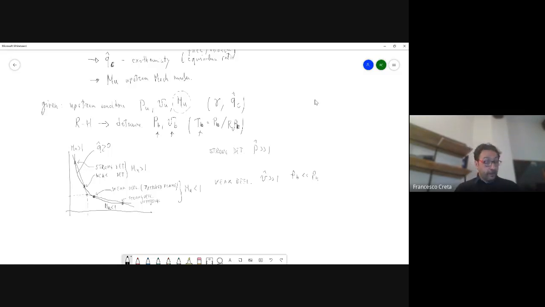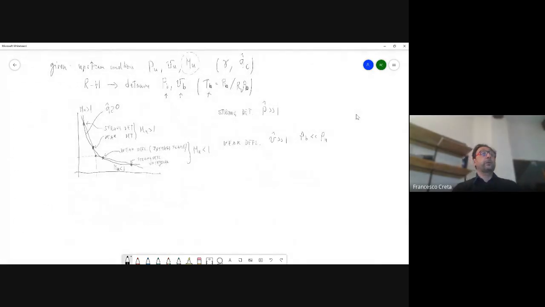Again, let me repeat, if QC is equal to 0, you would only have the strong solutions.